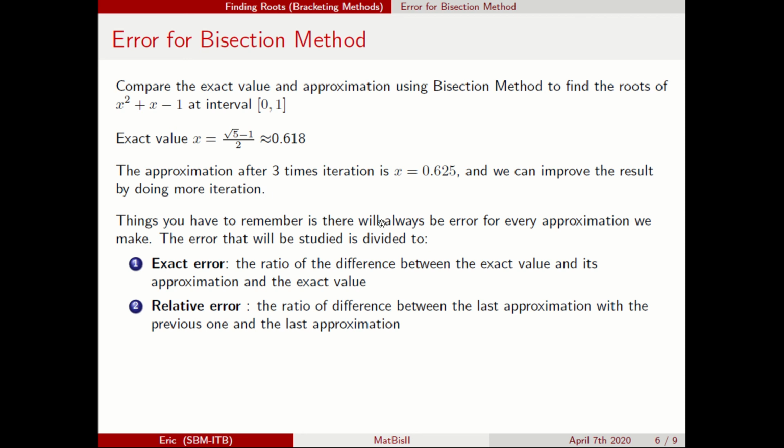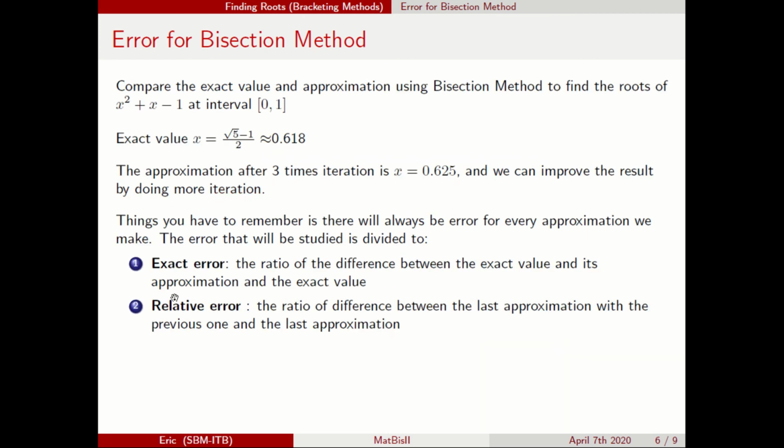Things you have to remember is there will always be an error for every approximation you make. The errors we study are the exact error, the ratio of the difference between the exact value and its approximation to the exact value, and the relative error, the ratio of the difference between the last approximation and the previous one to the last approximation.